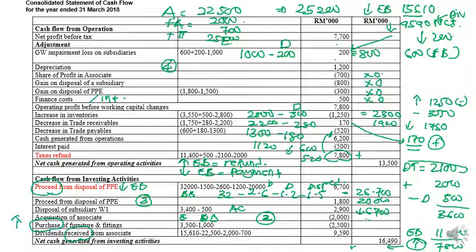Okay, finance cost, sometimes called interest expense, is the same. We need to add back that 500 here because it's not for the operating activity. Okay, and then we have operating profit before working capital changes.